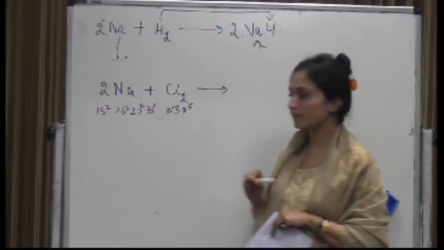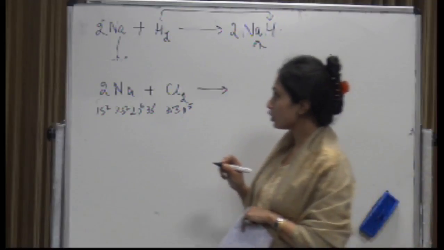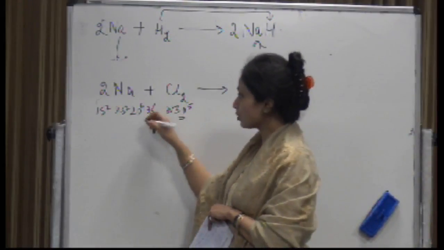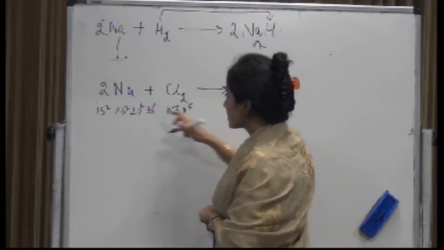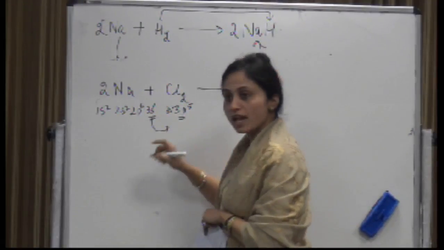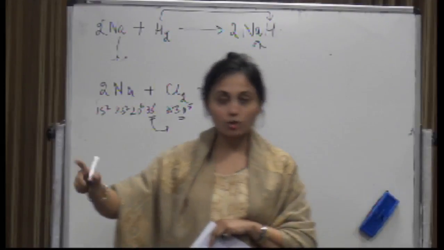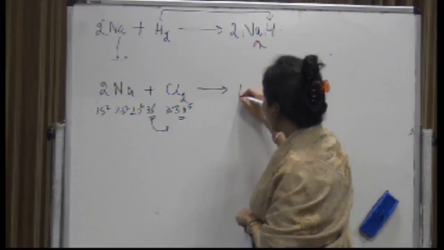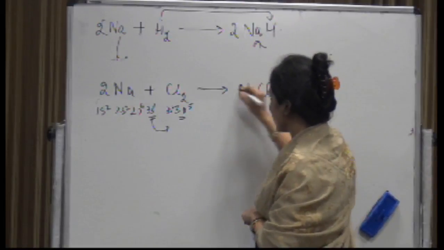So now in this case, you know that chlorine needs 1 electron and sodium has to give 1 electron. So sodium will be losing an electron, and losing an electron means it will get oxidized. It will form NaCl.